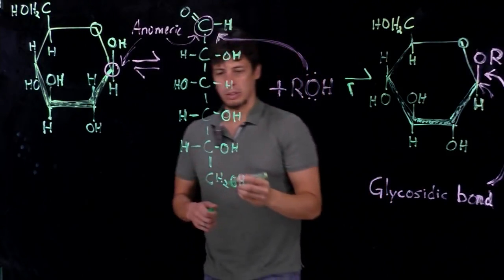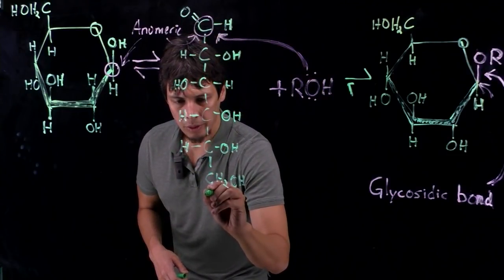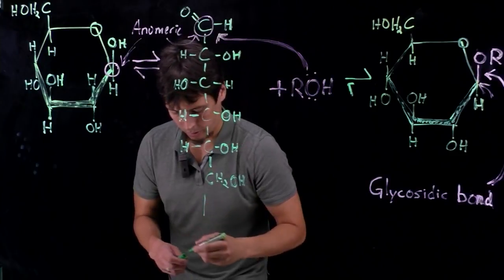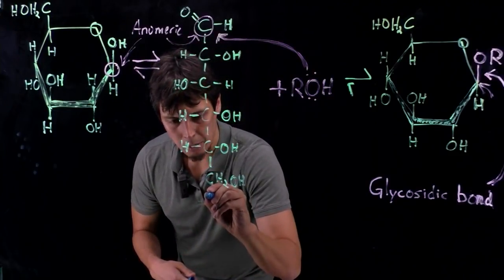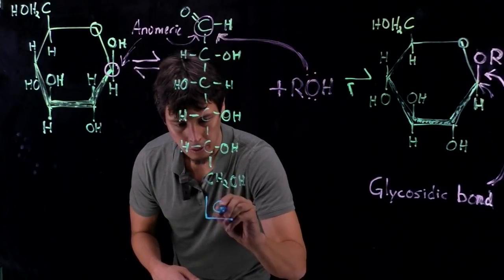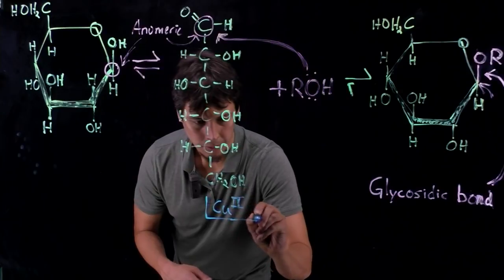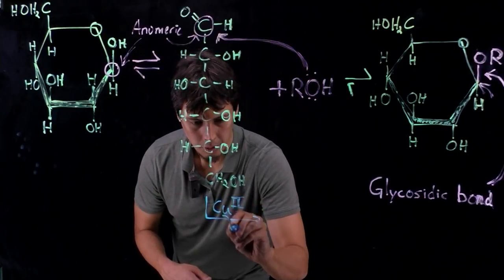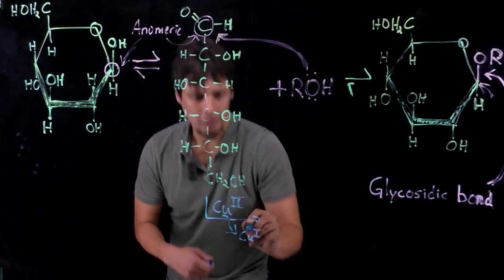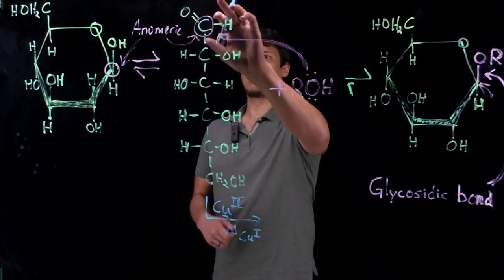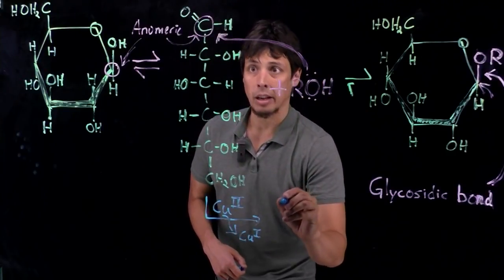Now, the consequence of that is that the aldehyde can react with a mild oxidant, such as copper 2, to form copper 1, and the oxidation of this aldehyde to carboxylic acid.